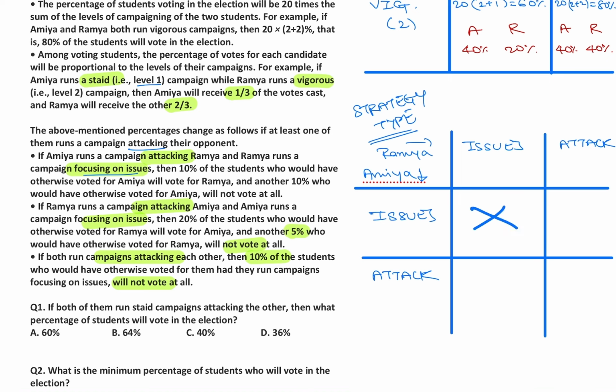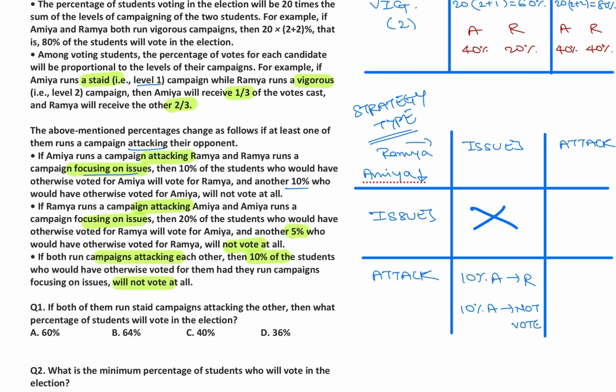Now, if Amya is attacking and Ramya is focusing on issues, 10% of Ramya's voters will now vote for Amya. Correct? That's given to us. And another 10% who would have voted for Ramya will now not vote at all.